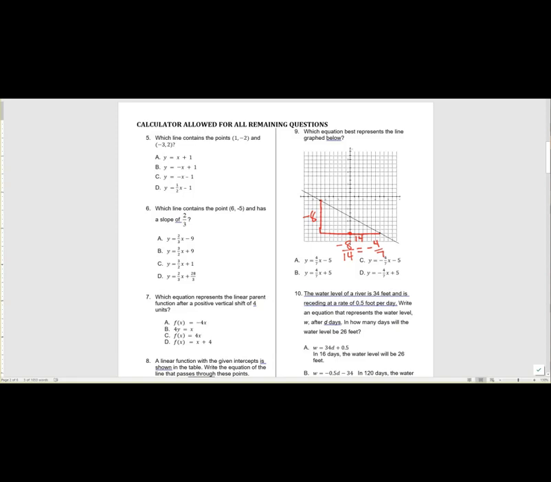Okay, so based on the slope, the only possible answer, and noticing that the y-intercept is negative, then answer choice C has to be correct. Of course, you could have used your calculator to graph each one of these equations and find out which one looks like the line that's given. Okay, it has the same look to it.